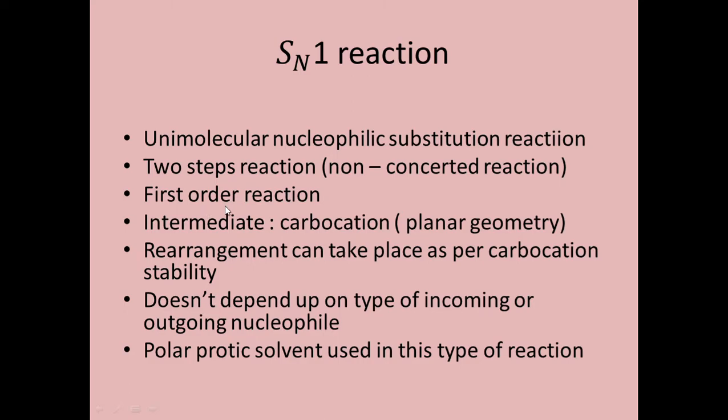How we can say that it is a first order reaction is, the rate of the reaction is directly proportional to the concentration of the reacting species, and here the reacting species will only be the substrate; it does not depend on the incoming or outgoing nucleophile. Here polar protic solvent can be used. This type of reaction is carried out under polar protic solvents.